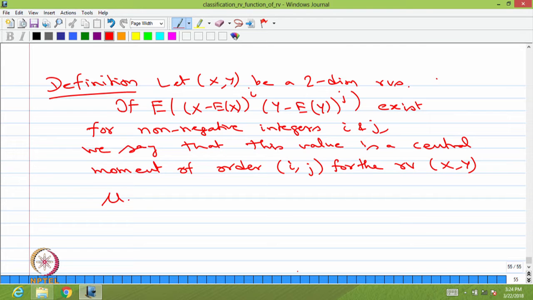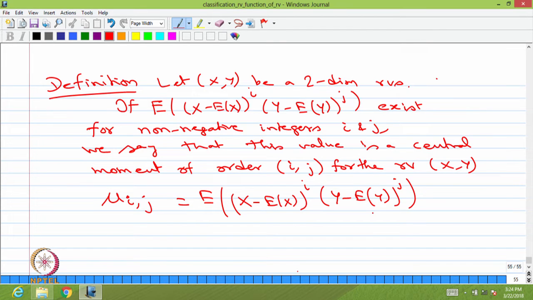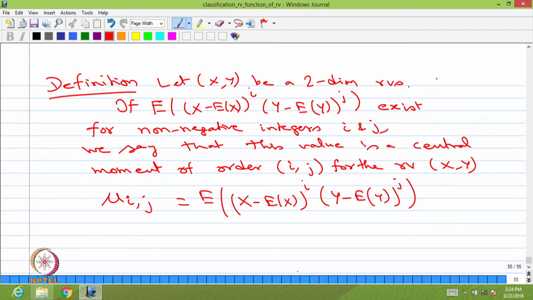It is denoted by mu suffix i comma j, that is expectation of x minus expectation of x the whole power i, y minus expectation of y whole power j. After the expectation of this function of x and y exists, we can conclude this value is the central moment of order i comma j for the random variable x comma y, denoted by mu i comma j. Here i comma j both are non-negative integers.